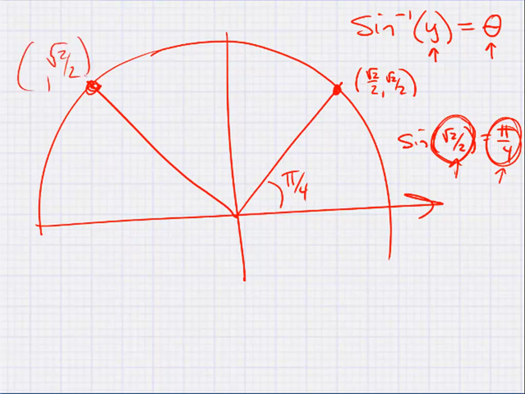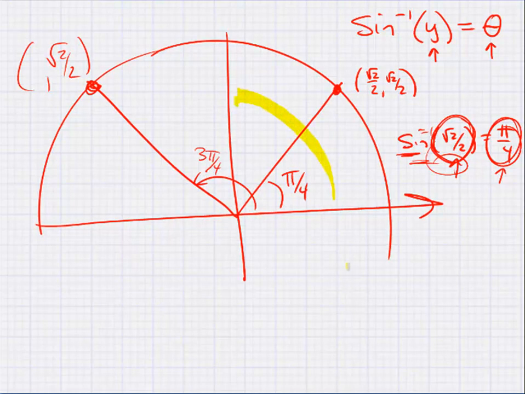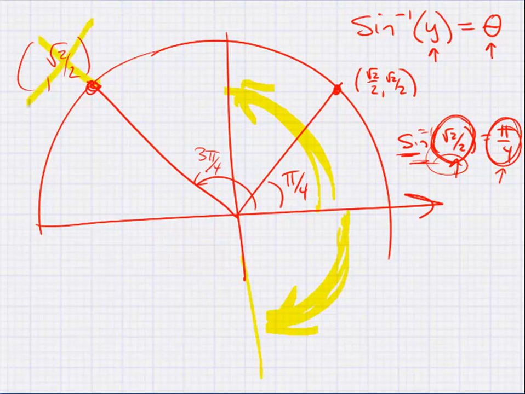And I can't have two answers for the inverse sine of some value. I can only get one answer. This has to be a one-to-one function. So all the answers for inverse sine have to be either in the first quadrant or the fourth quadrant, between 0 and pi halves or 0 and minus pi halves, which excludes this value, which means this is the only angle I can work with.